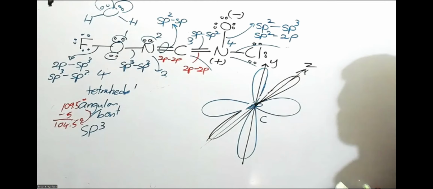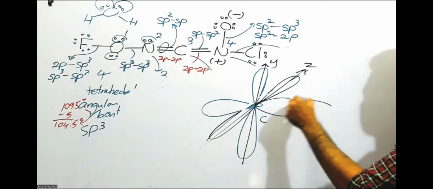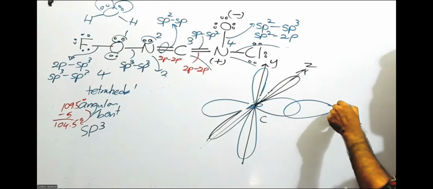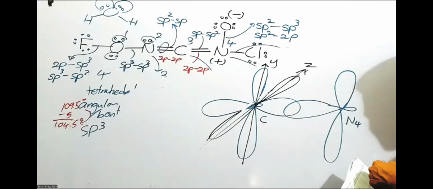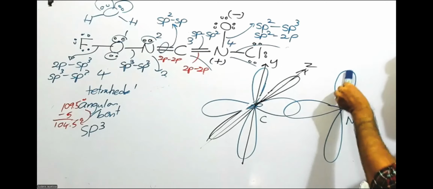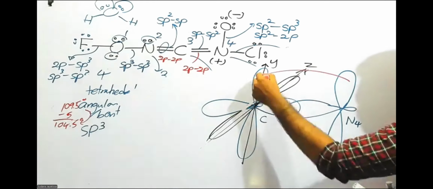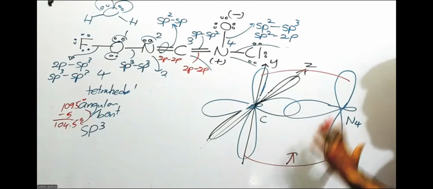When it makes the bonds with the two nitrogen atoms, with N4 there is a sigma bond formed. N4 also has a p orbital to make the pi bond, and let's say that p orbital is along the board. So it will make this lateral overlapping and make the pi bond along the board, okay?